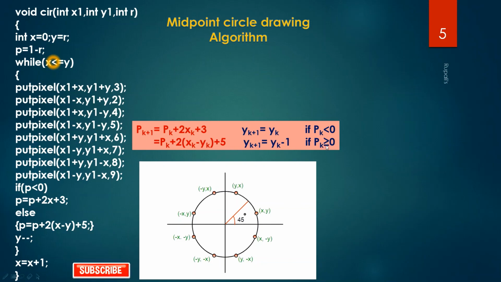And if p is greater than or equal to 0, the else case, then the next decision parameter equals p plus 2 into xk minus yk plus 5. In this case also the next y will be yk minus 1, so y minus minus. And each time you have to increase x till the value of x equals y, means till the end of the first octant. In this way this algorithm works.